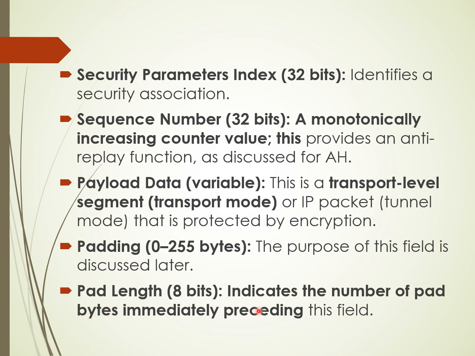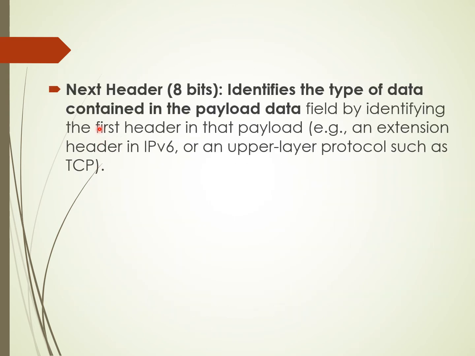Pad length indicates the number of pad bytes immediately preceding this field. As I told you in the explanation of the figure, how many bytes or bits we are using for padding needs to be understood, and that information is provided by the pad length. Next header identifies the type of the data contained in the payload data.